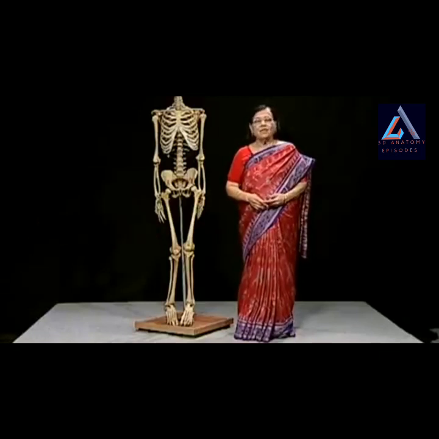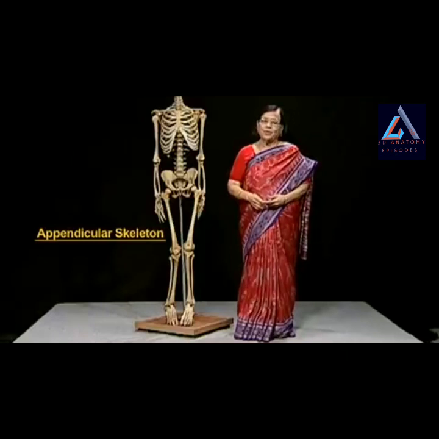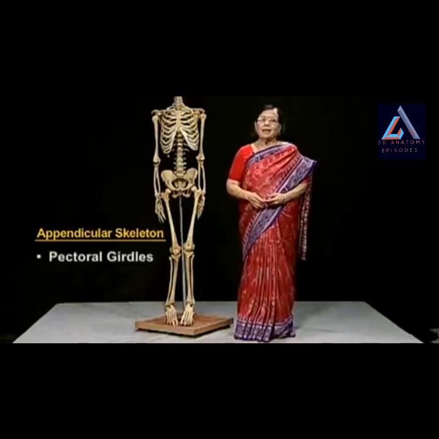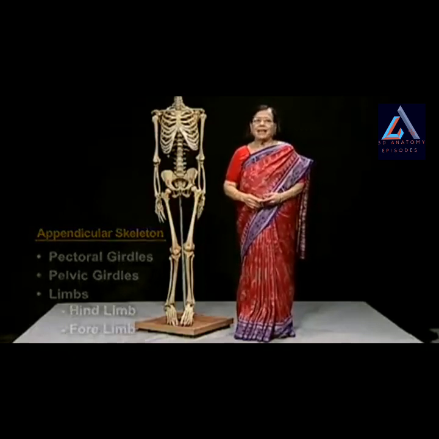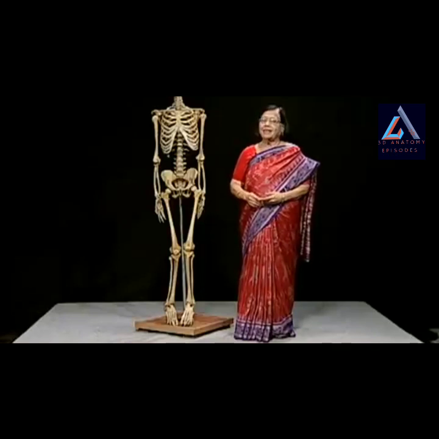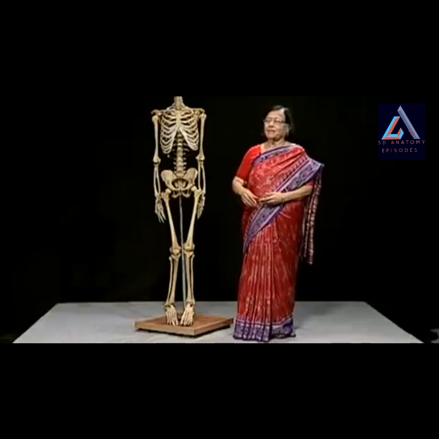The other division is the appendicular skeleton, which includes the pectoral girdle, pelvic girdle, and the limbs, hind limb and forelimb. Let me start explaining the bones in this skeleton, starting with the head, which is part of the axial skeleton.